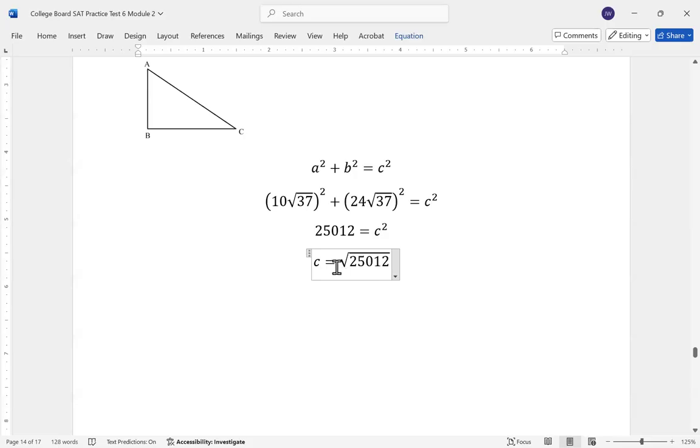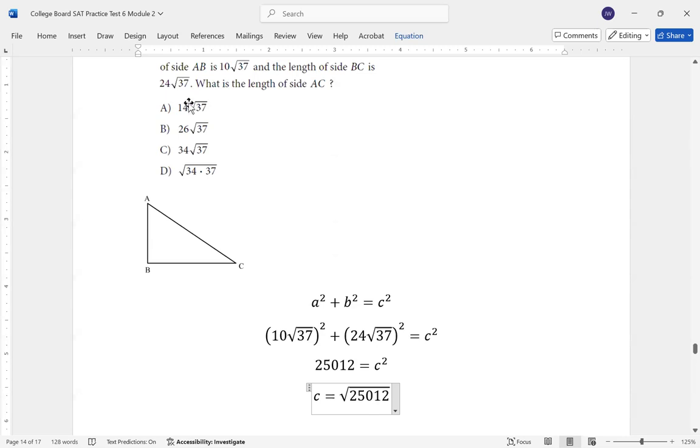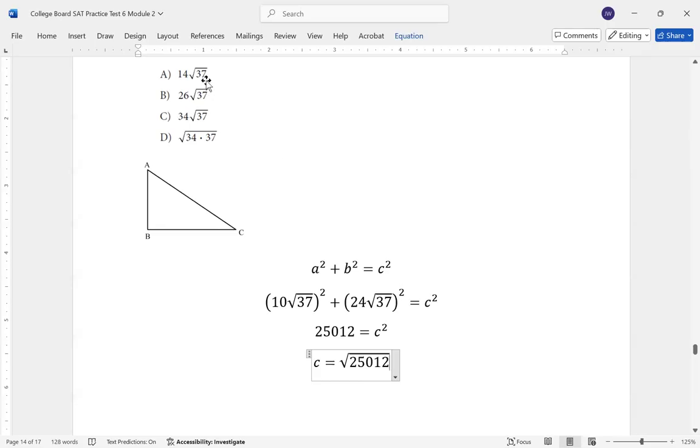Now this is the answer, but it's not the simplified answer that we're looking for. Notice, by the way, in all of these options, we have 37 underneath the square root. So that's kind of a hint that I should probably divide this number by 37. In other words, I need to take c is equal to the square root of something times 37.